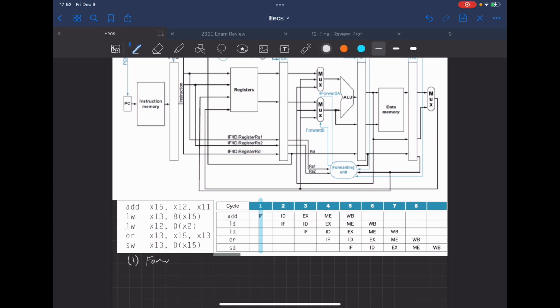Forwarding is irrelevant. Forward A equals forward B. And at this point in time, forwarding is irrelevant.